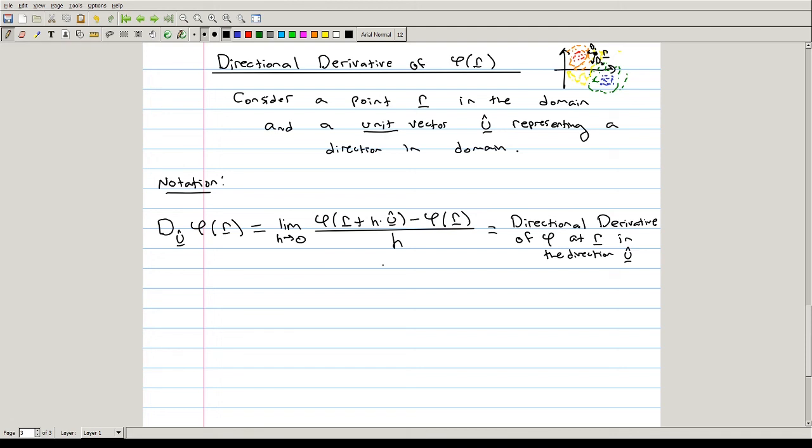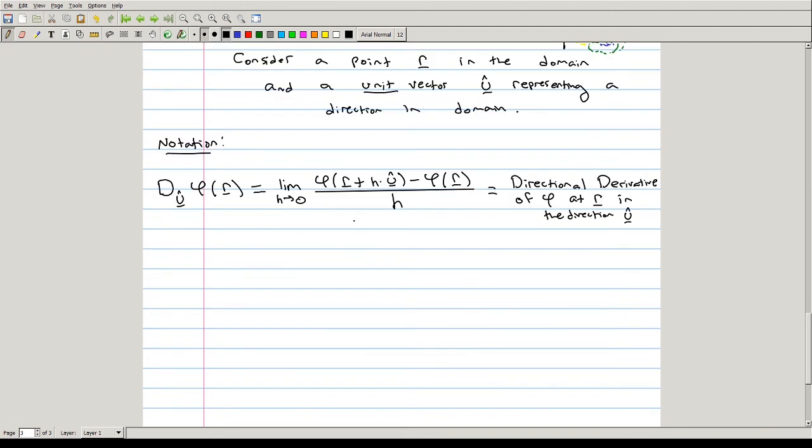So we need to specify and distinguish between, for a given scalar field, the direction that we're taking the rate of change, as well as the point at which we're taking the rate of change. But if this limit exists, we say that the directional derivative of the scalar field phi exists at the point R in a given direction u hat.